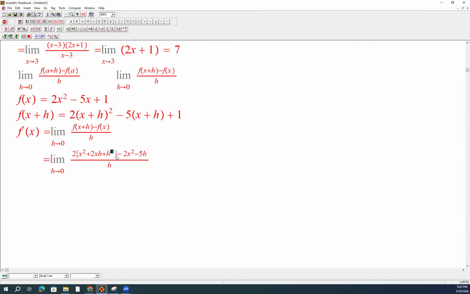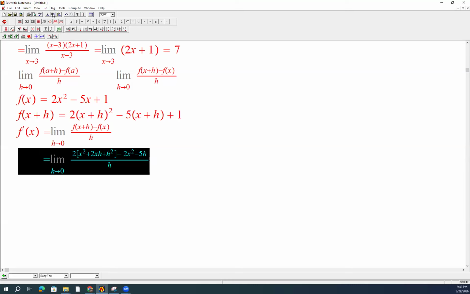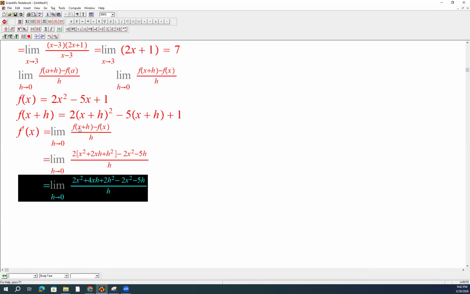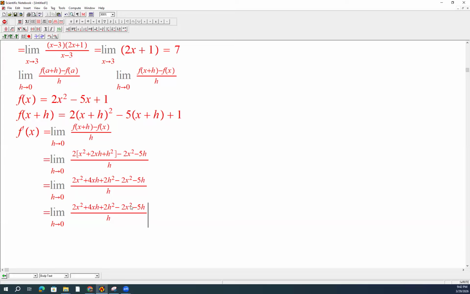And then distributing the 2, we put the 2 to multiply each piece. So this will make 4, and this will be 2. Remove the bracket, you can see 2x squared and negative 2x squared will be reduced. So negative 2x squared takes away the positive 2x squared. So we get to this point.